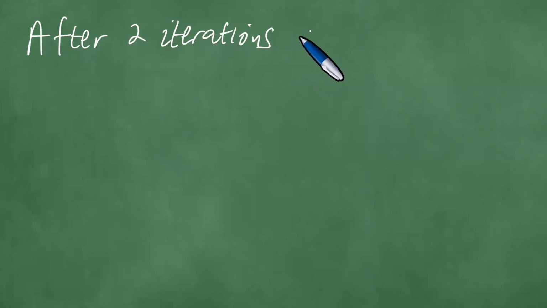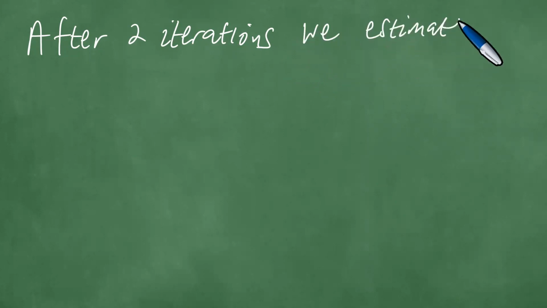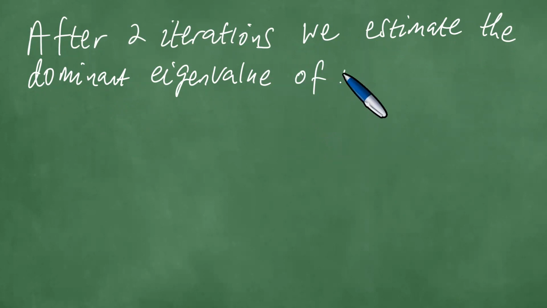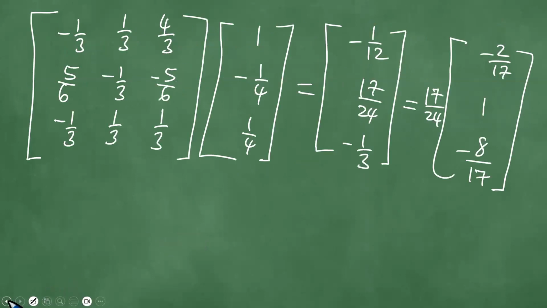After these 2 iterations, we estimate the dominant eigenvalue of A inverse as, okay, so the dominant one becomes this.